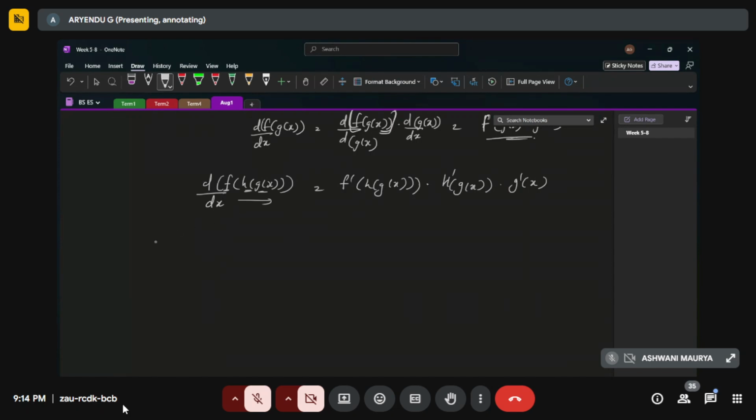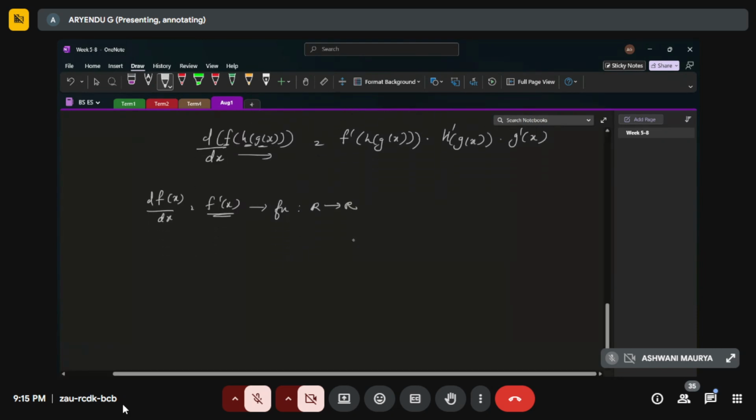One thing we have to notice when we take the derivative: if we have the derivative of f of x as f dash of x, then this f dash of x can also be a function, from real numbers to real numbers.